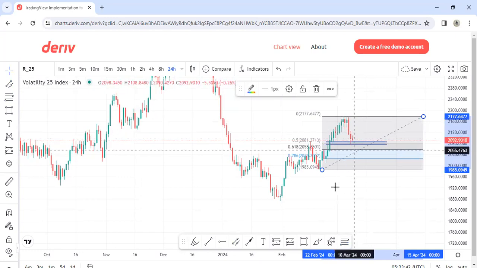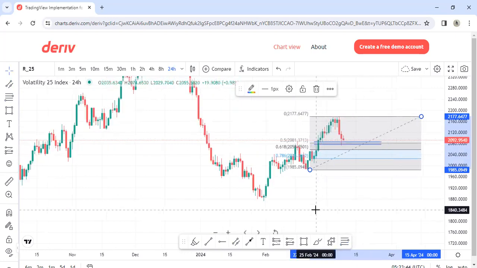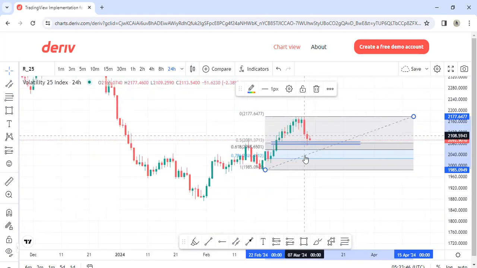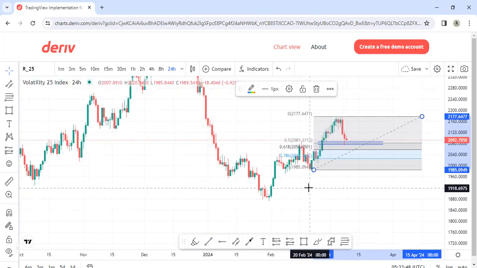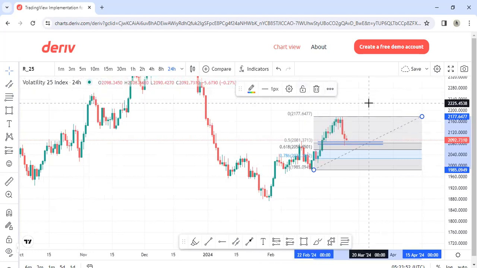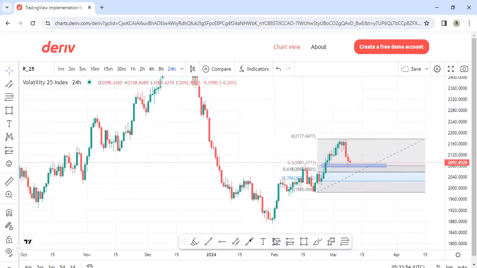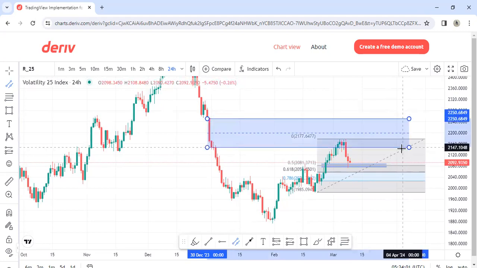So if you ask me, if the market wants to continue bullish, price might go up, seeing that we still have some imbalances here. We still have this big imbalance here, which has not been properly filled.